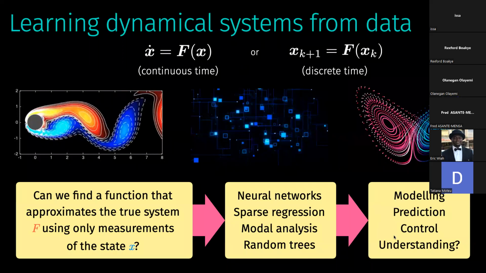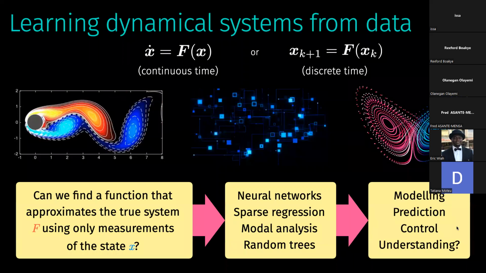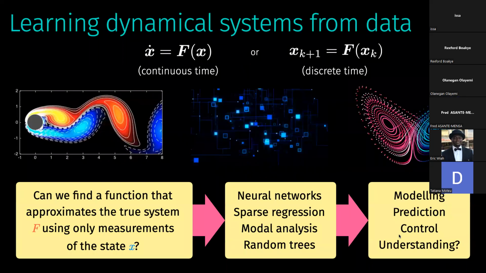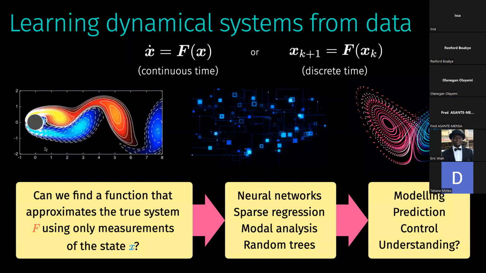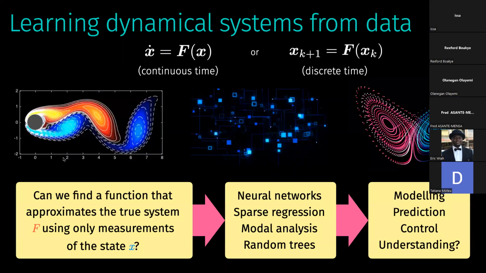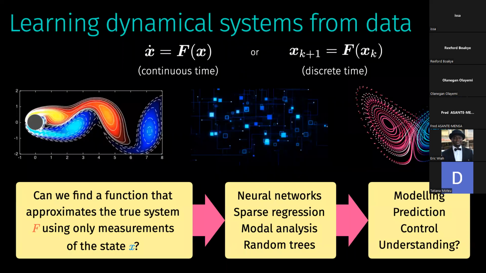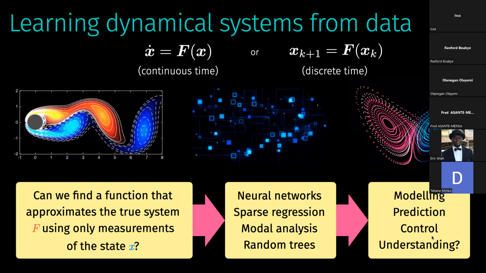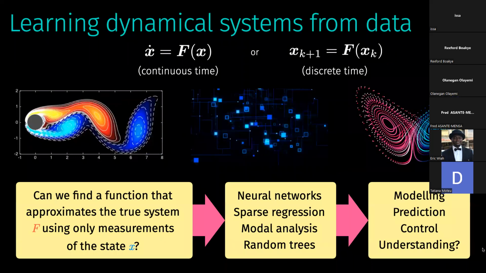Here I've listed 3: modeling, prediction, and control. We might want to be able to control this fluid dynamical system to achieve some engineering goals, such as drag reduction. But at a scientific level, we might not be satisfied with just these engineering goals. We might also want to obtain some physical understanding of the system.